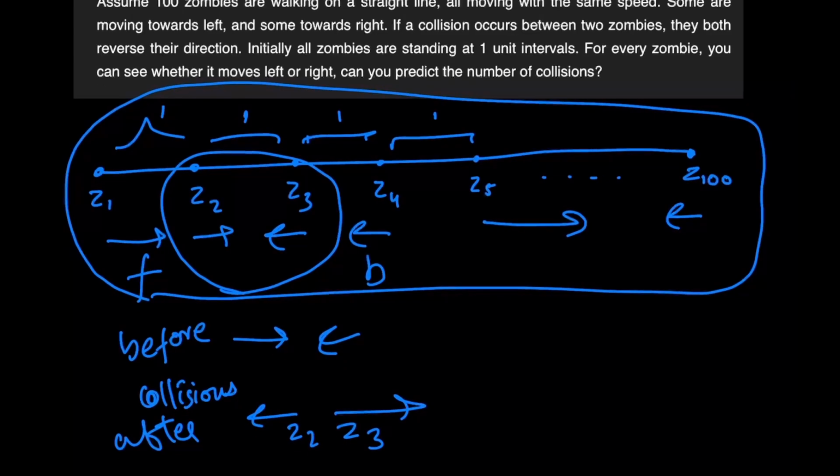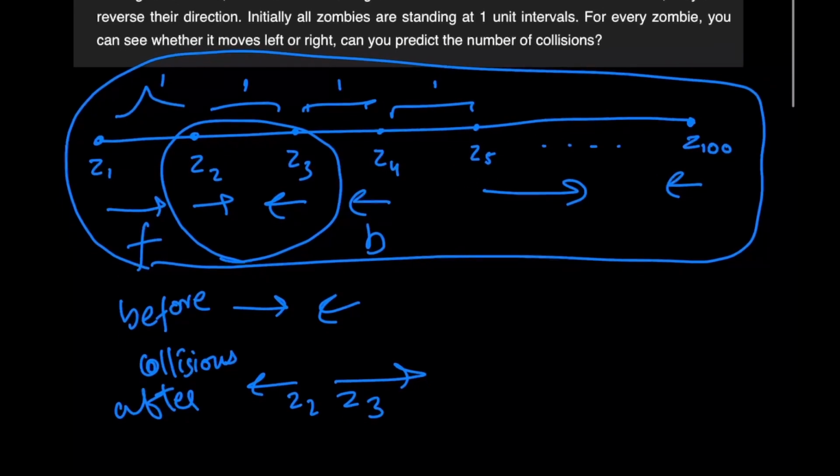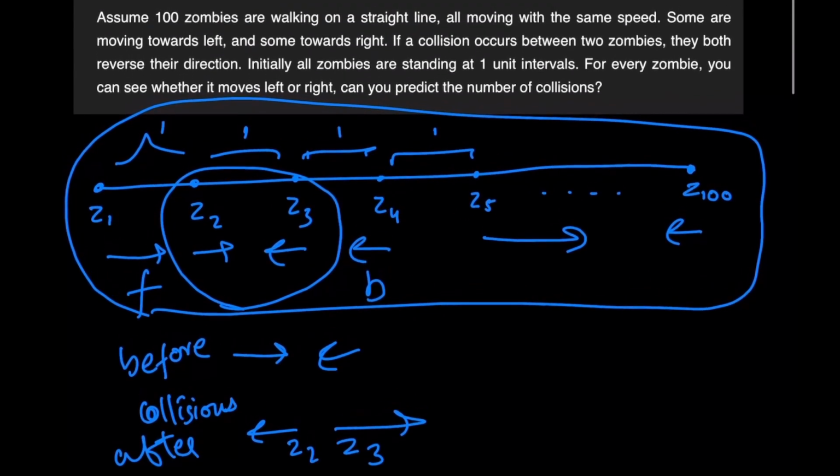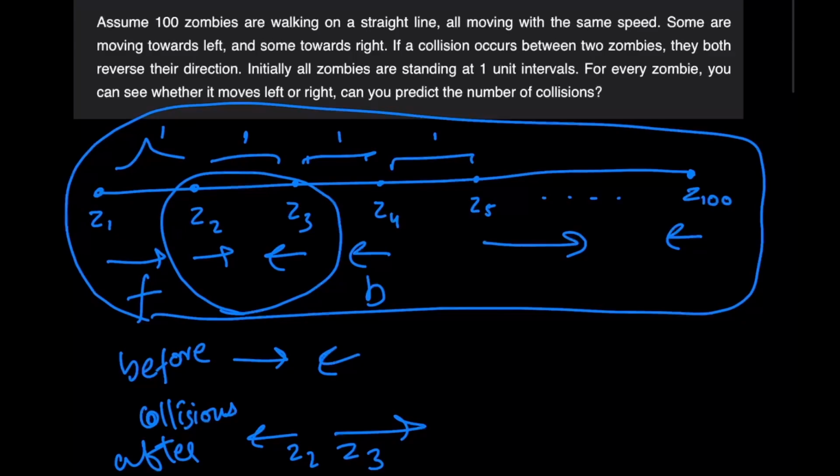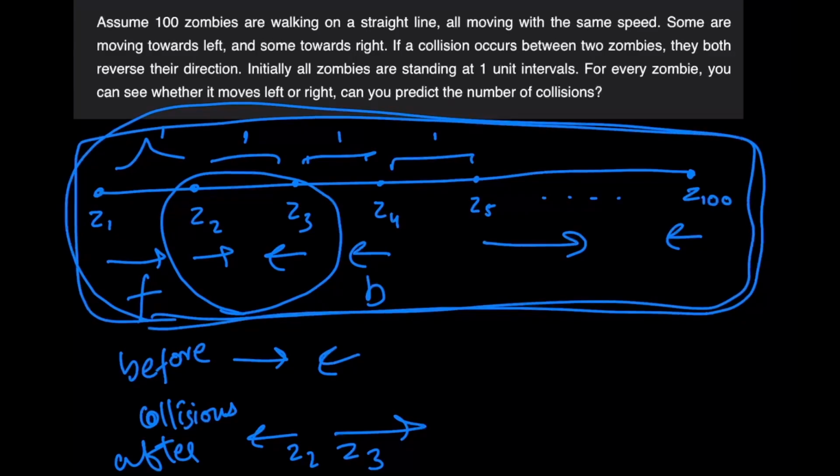One brute force way would be to simulate every single collision and each state before and after the next collision, and manually calculate how many total collisions took place. That is what we aren't supposed to do. We have to come up with a smarter way of just looking at the system initially and somehow calculating, with a proof of how that makes sense, the total number of collisions that will happen.